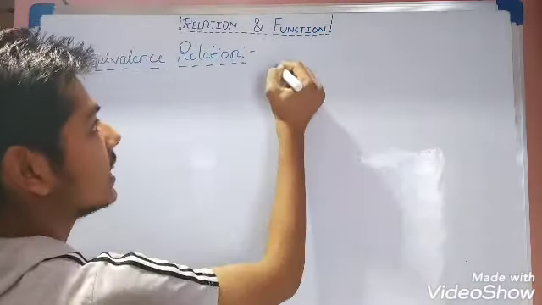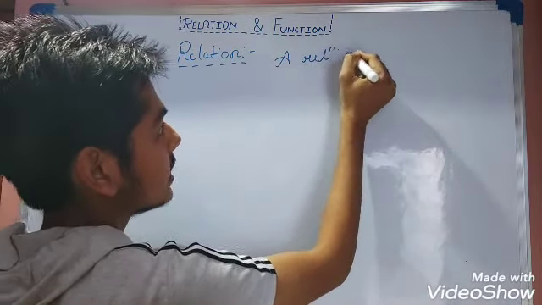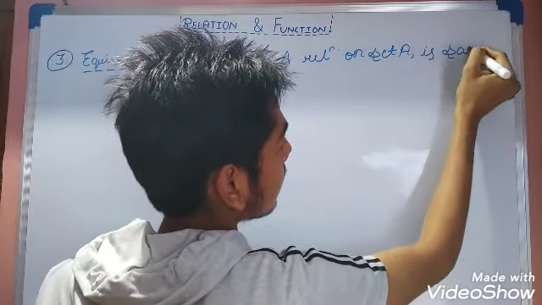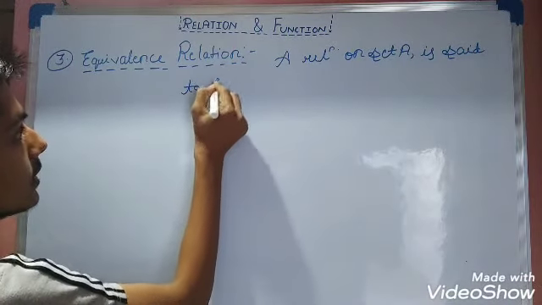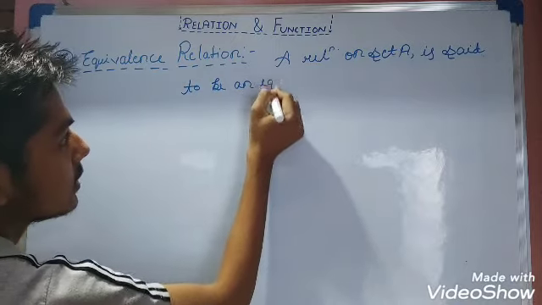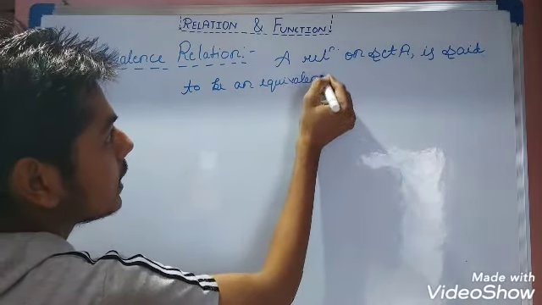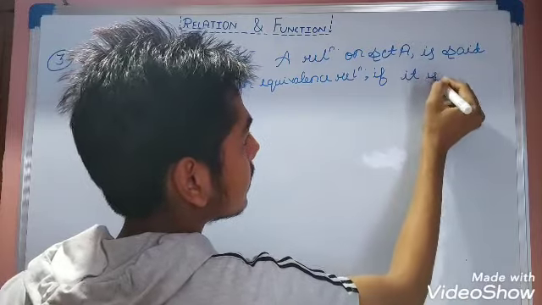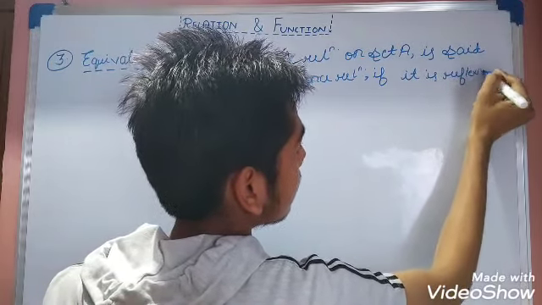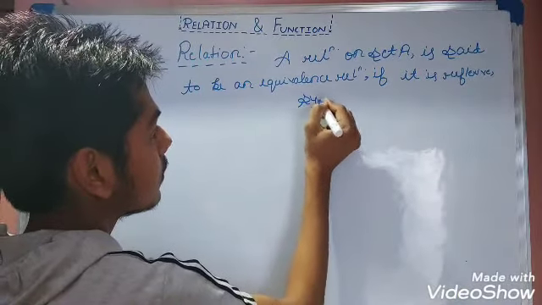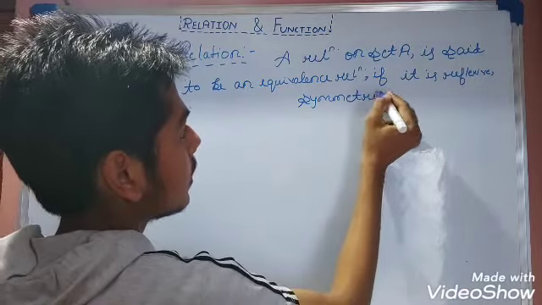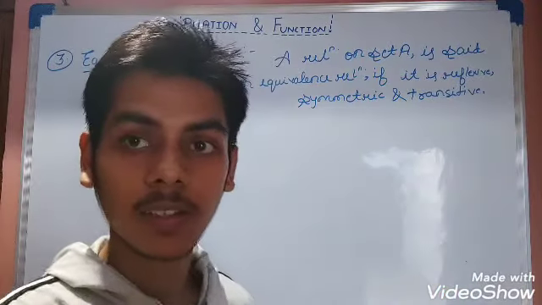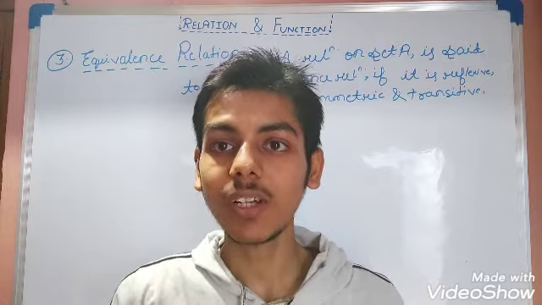A relation on set A is said to be an equivalence relation if it is reflexive, symmetric and transitive. Now, what is reflexive, what is symmetric and what is transitive? Let us understand.